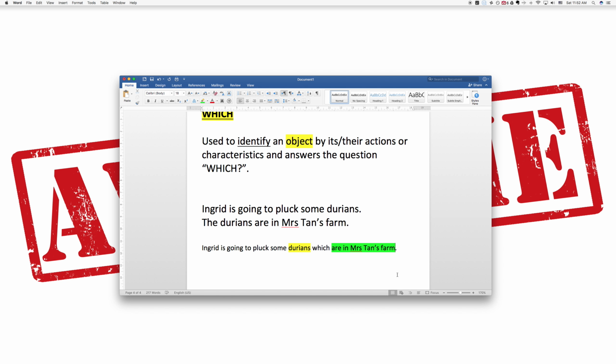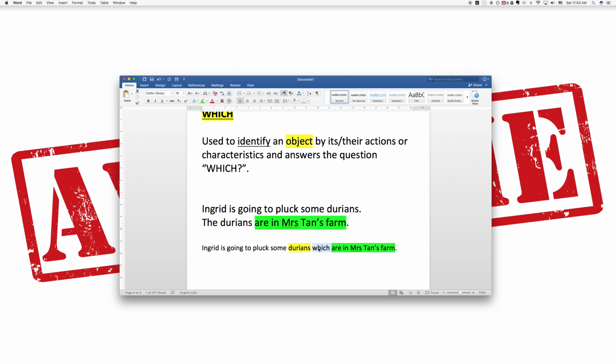Not just any durians in the world, but the durians which are in Mrs. Tan's farm. So remember, the part of the sentence which identifies which objects I am talking about must always follow the connector which.